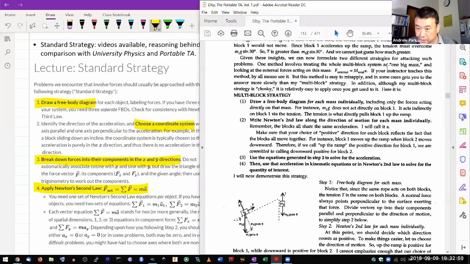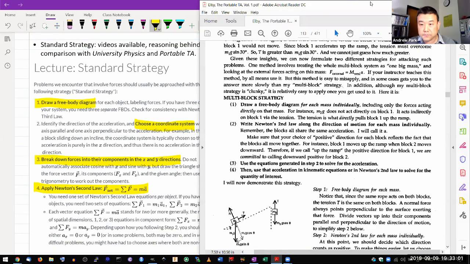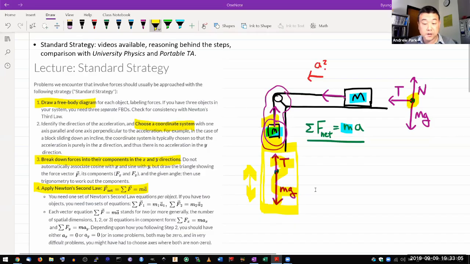As you might have noticed when I drew the free body diagram here, after you're done drawing it, if you're immediately trying to write down Newton's second law, especially in component form, you're skipping a bit of a step. What's your x direction? What's your y direction?